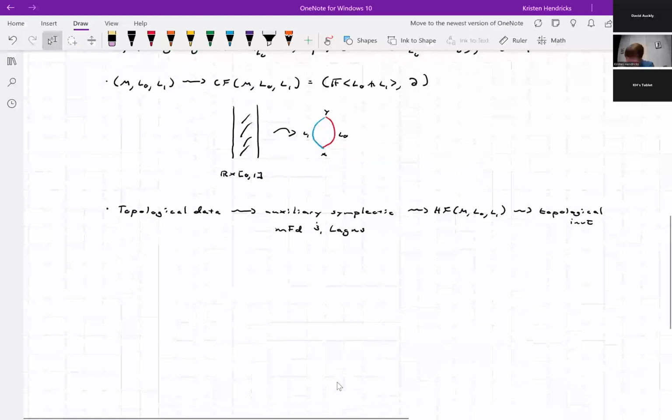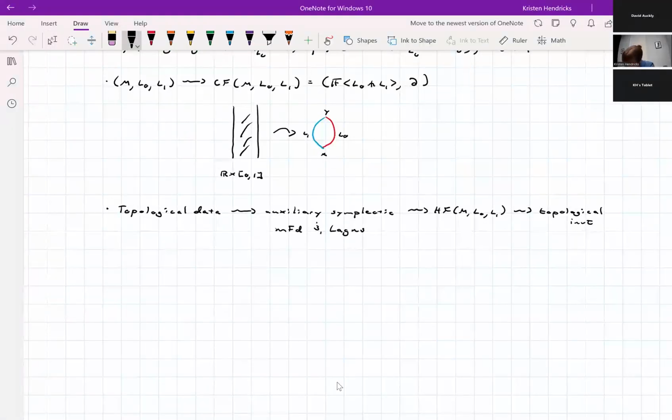So with this in mind, one can ask for a construction of Khovanov homology that also fits into this picture, which is to say it's a Lagrangian Floer homology or something. And in 2006, Paul Seidel and Ivan Smith attempted to do so.